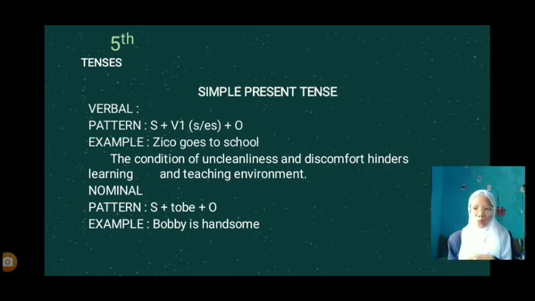Am for who? Okay. Am for I, and are for who? Okay. Are for they, you, we. I thought all of you have understood the simple present tense because this is the basic tense you first learn.